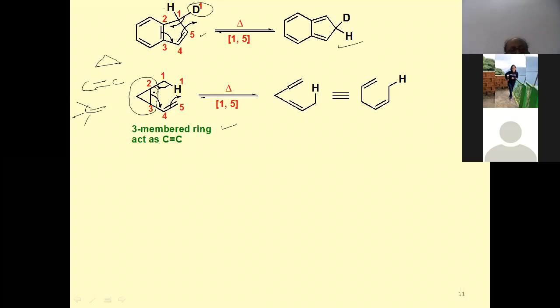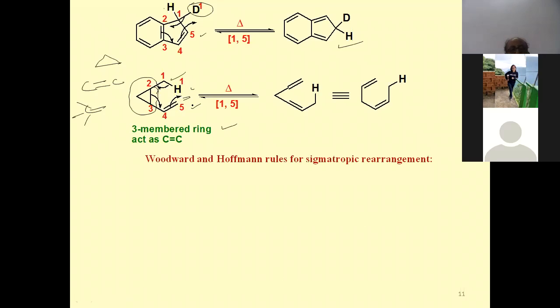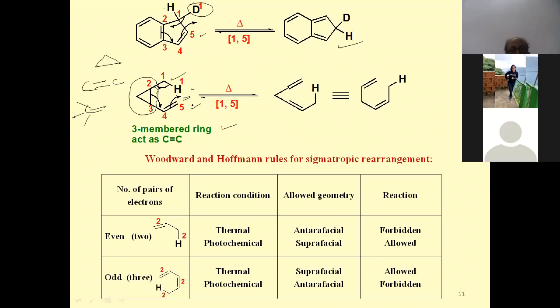So if it is this one, then we have this 1,5 shift: 1, 2, 3, 4, 5, and then this hydrogen is there. This sigma bond is breaking, and we'll have a new sigma bond here. The bonding is between 1 and 5, so it is a 1,5 sigmatropic shift. Now, the Woodward-Hoffmann rule for sigmatropic rearrangement can be summarized like this.